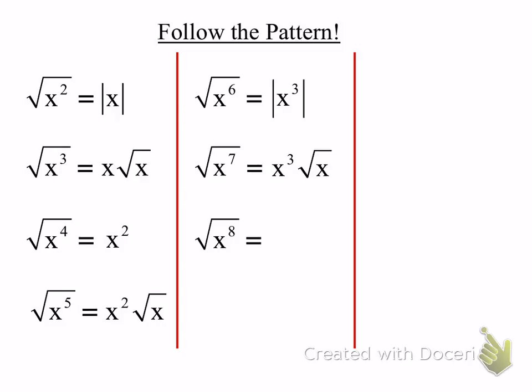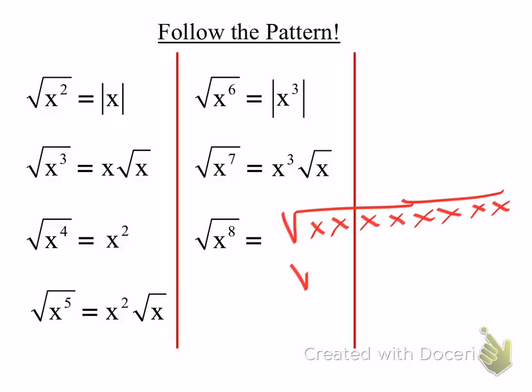X to the 8th. Ariel? X to the 8th could be x to the 4th times x squared. Or no, x to the 6th times x squared. Okay, let's just do this. I've got 1, 2, 3, 4, 5, 6, 7, 8, all under the radical.